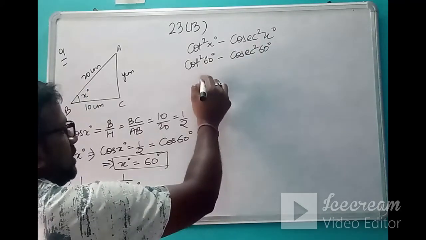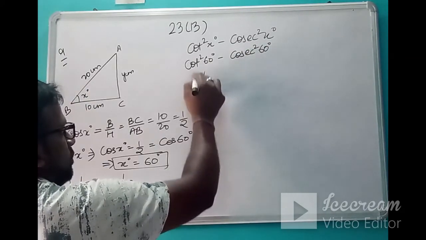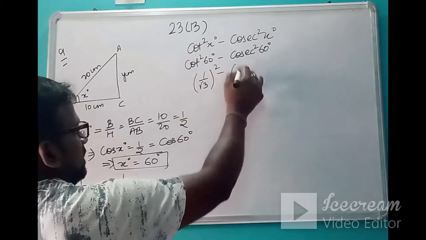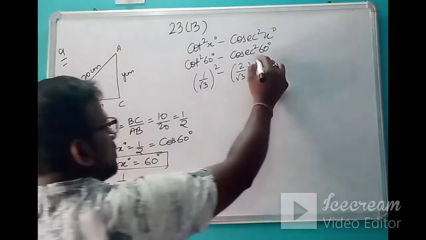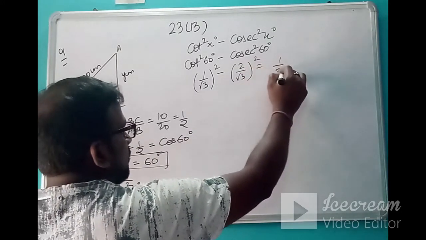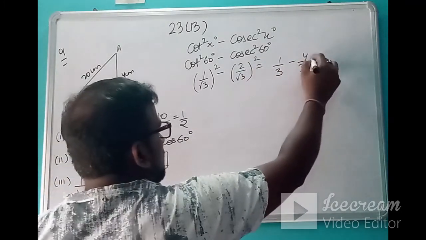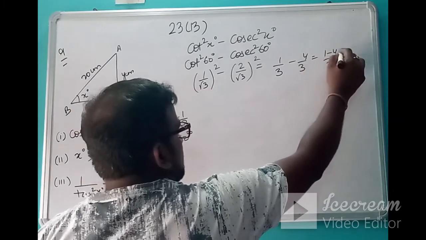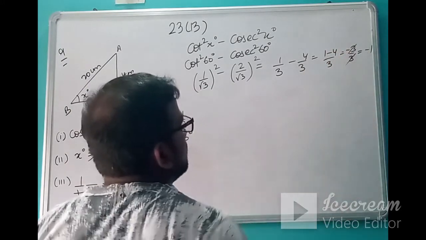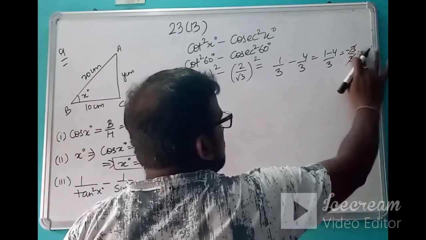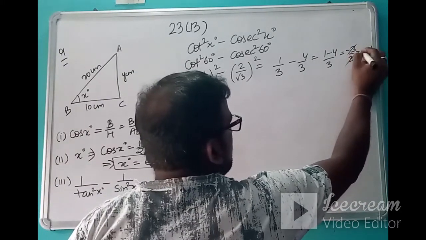So cot 60 is 1 by root 3 and cosec 60 is 2 by root 3. So when you solve, you will get 1 by 3 minus 4 by 3, or 1 minus 4 by 3, or minus 3 by 3, so the answer will be minus 1. Okay, so this will be your answer, minus 1.